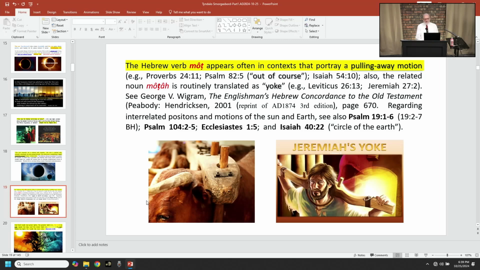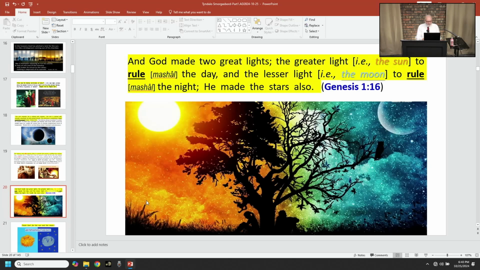If you wanted to do this word study yourself, if you had a copy of George Wigram's The Englishman's Hebrew Concordance of the Old Testament, the Hendrickson 2001 reprint of the third edition, originally published in 1874, it's on page 670. So you could do all of this study just by looking at that page, basically. And there's some other verses there. And a little bit later, we'll talk about Isaiah 40:22, how that is related to this as well.